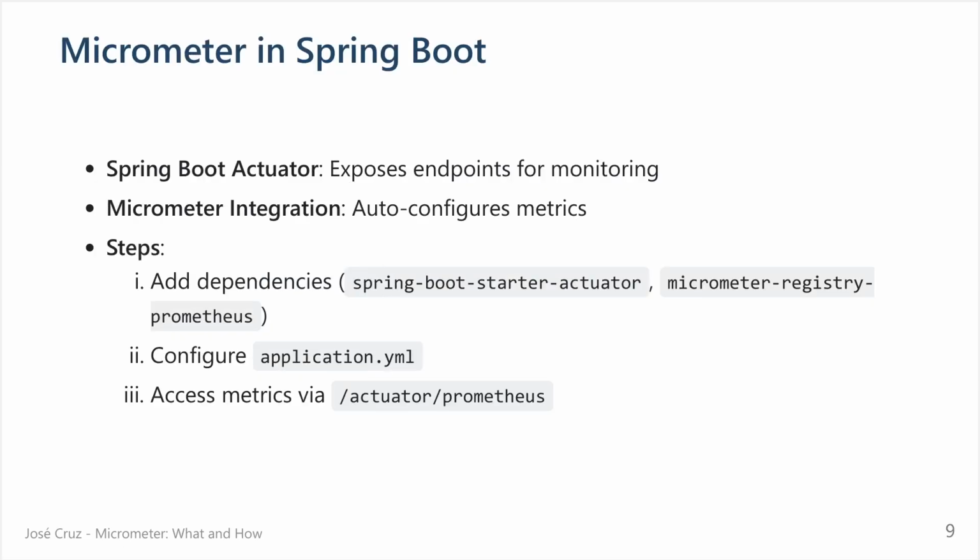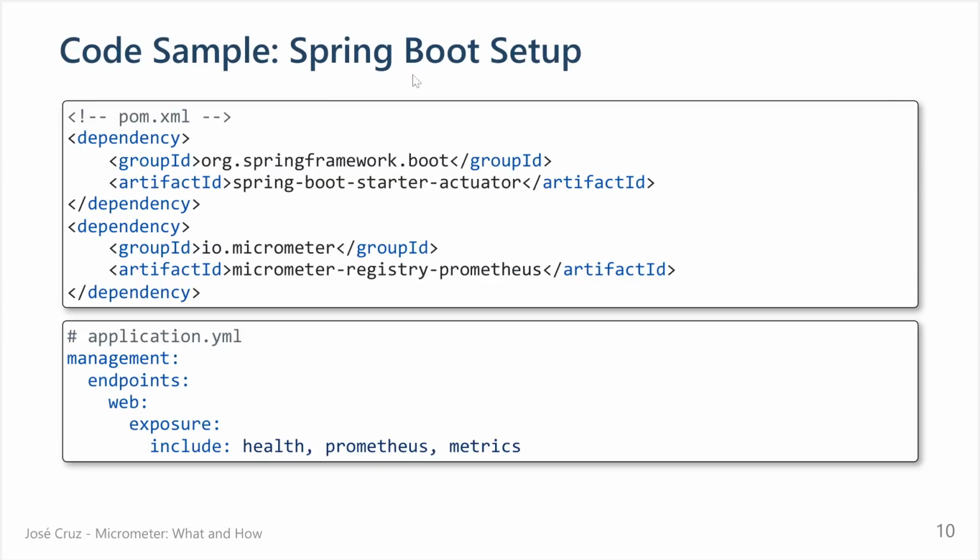Metrics is also an actuator that exists by default in Spring Boot and doesn't need Micrometer. It collects information about your Spring Boot application. But if you want more than that, you can add, for instance, Prometheus, and that information will be provided there also. So let's see a sample if you want to develop an application yourself.